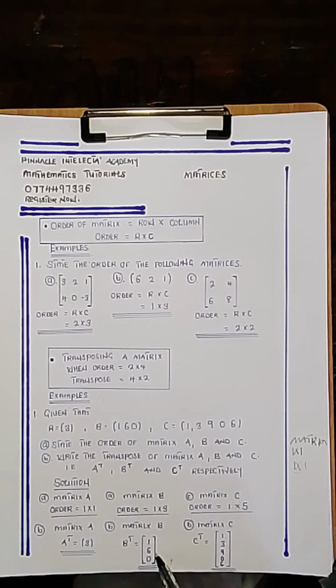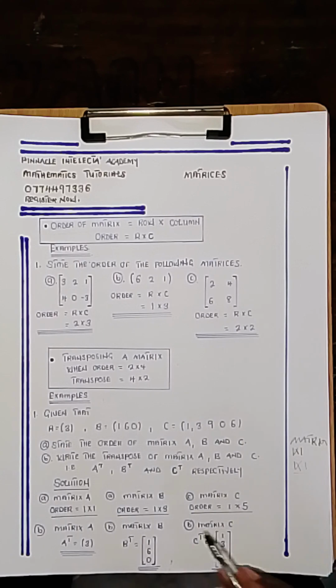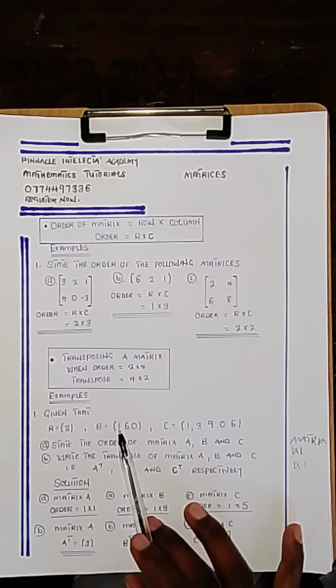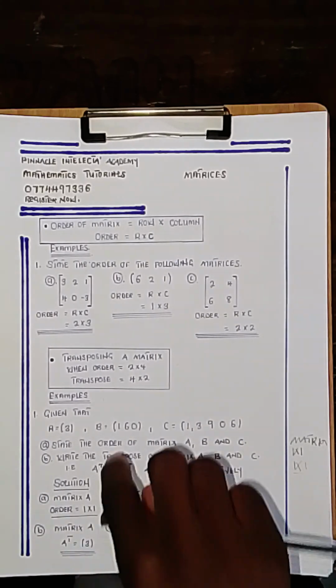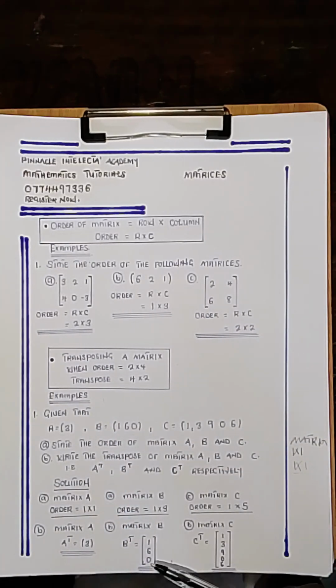Let's look at this one, the transpose of matrix B. How is it going to look? For matrix B, we are just going to shift it so it will stand upright.